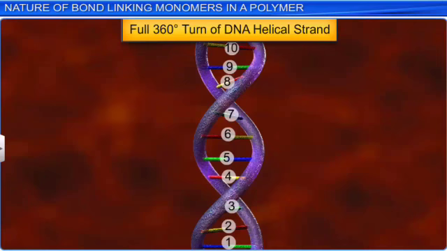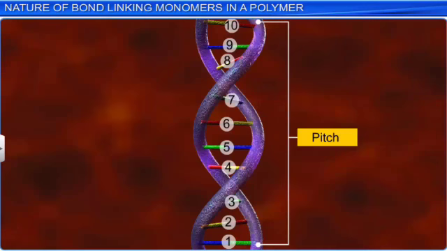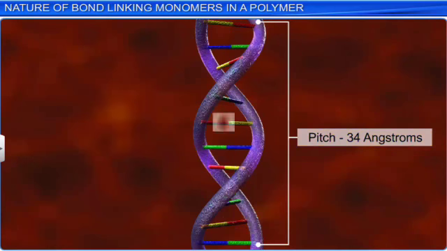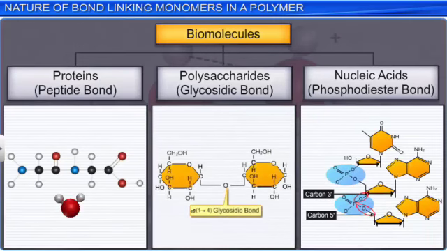The distance along the helix axis corresponding to one turn is known as pitch. In B DNA, the pitch is 34 angstroms. The rise per base pair, or the distance between two base pairs, is 3.4 angstroms. The different types of bonds we have studied are crucial as they provide structure and stability to biomolecules and make them functional.